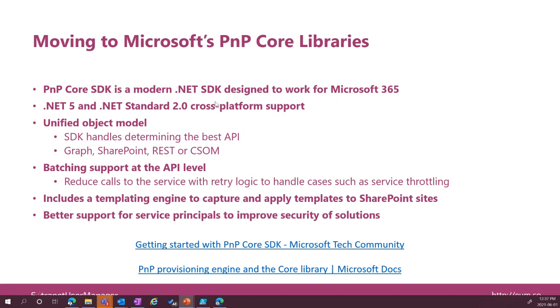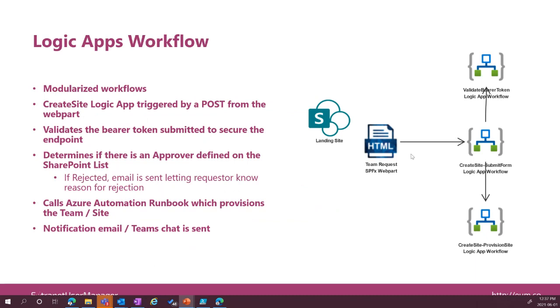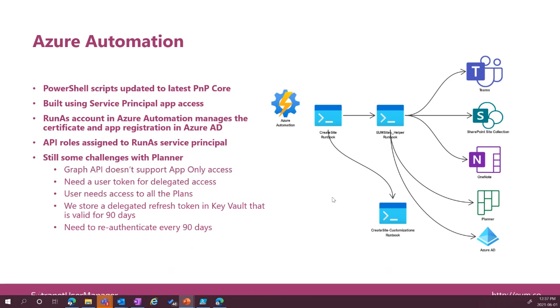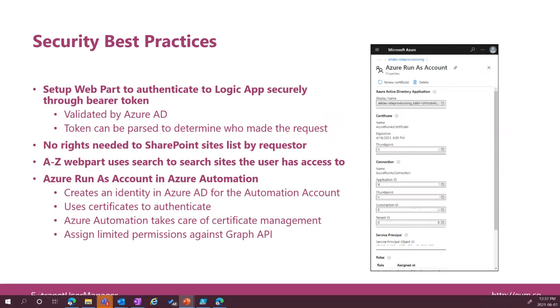So let's talk more about that side for a minute. I've already gone through the Logic App workflow, so I'll leave that and the Azure Automation as background in the slide deck. I want to talk more about the security best practices, because this was a big driver for this update.